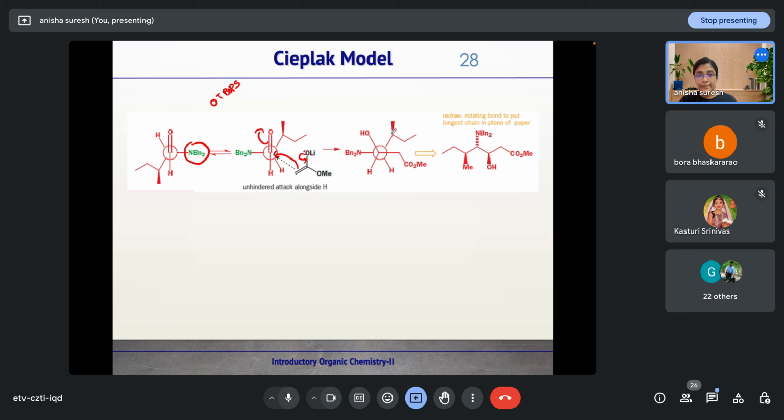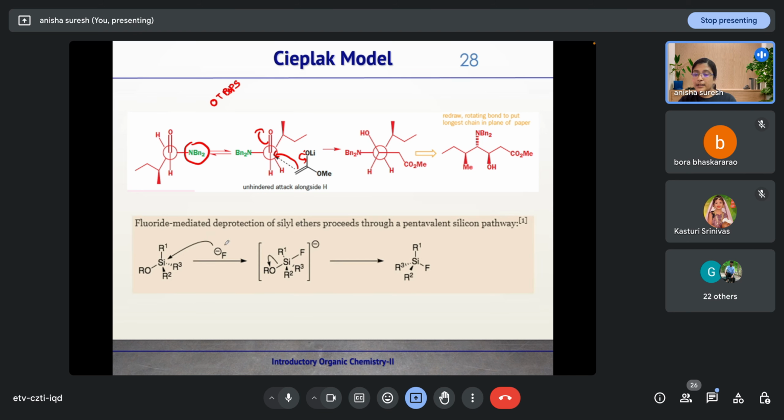Okay, so this we will rotate, OCH2OMe. We rotate it in such a way that the NBn2 will be coming on this side and this will be coming on this side. Accordingly, we will get this as the major product.